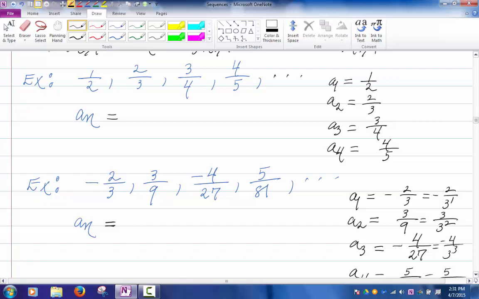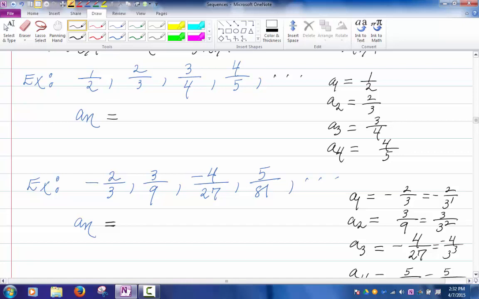Well, what's the pattern here? And what's the relationship between the terms and the indices? Right? The indices are 1, 2, 3, 4 here, right? What's the relationship between the index and the term itself, the value of the term? Well, notice the numerators are just increasing, right? 1, 2, 3, 4, right? The denominator starts at 2 and then increases, right?